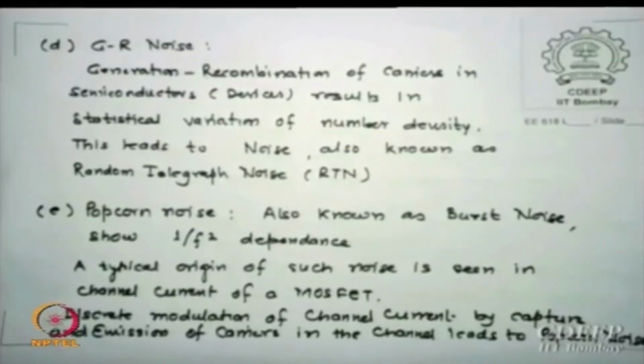When this happens, there are two phenomena, which we call capture and emission of the carriers, and depending on their emission time constants and capture rates, and the cross section of the capture because of defects including interface states, they show some kind of fluctuations, and these are found to be of the 1/f squared kind. Therefore it was called popcorn noise. It pops up.